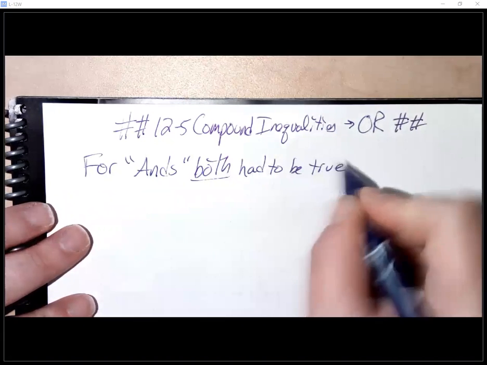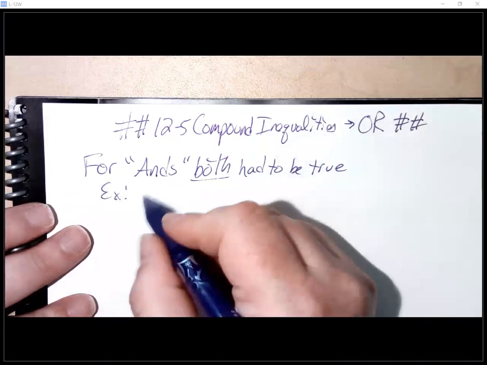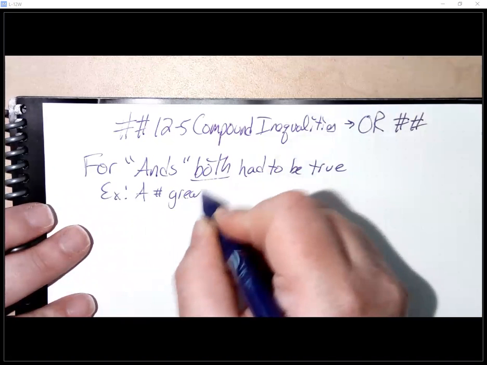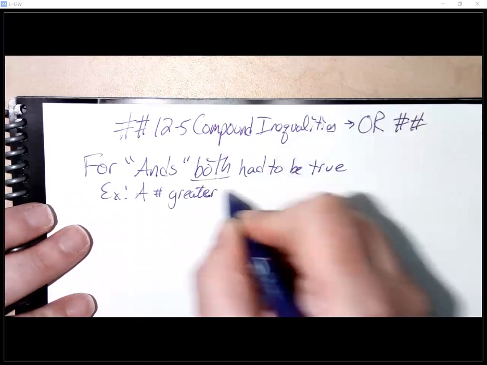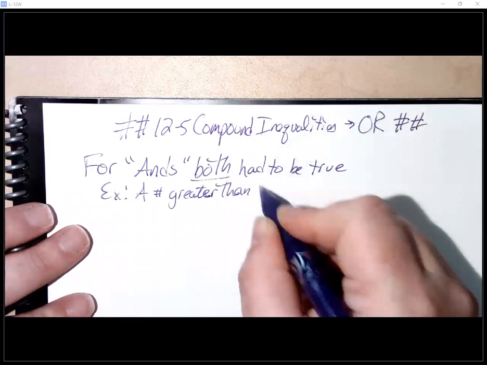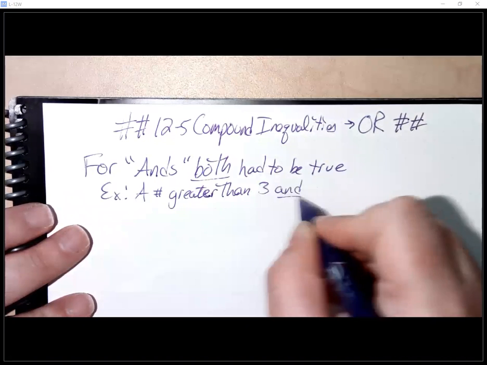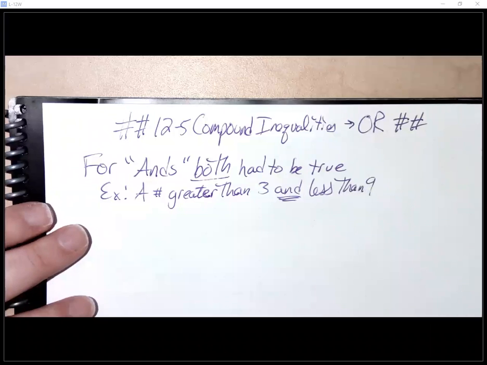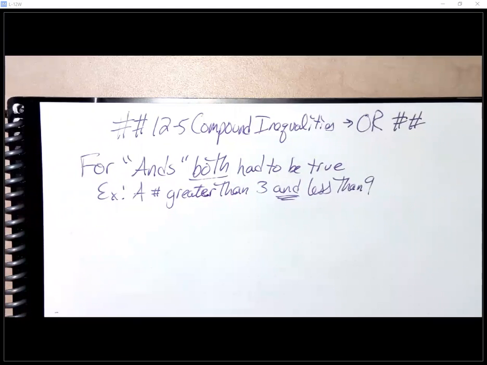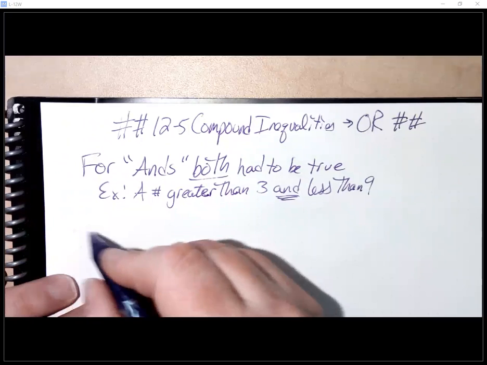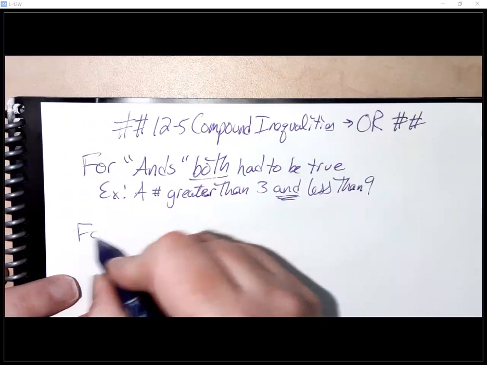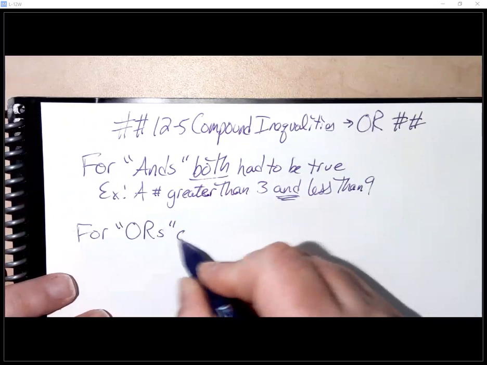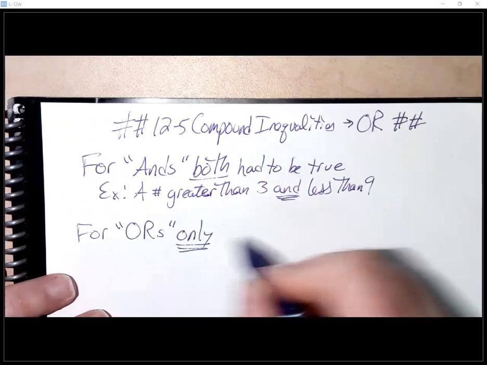So for example, with ANDs, we said a number greater than 3 and less than 9. For ORs, only one must be true.